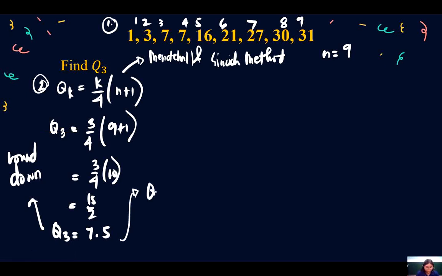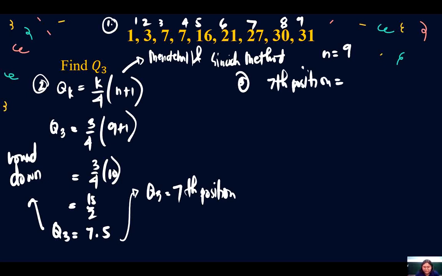So, si third quartile, dahil third quartile siya, round down, so magiging 7. So, yung ika-7th position. Okay, step 3. What is the value of the 7th position? Our 7th position is 27 here.